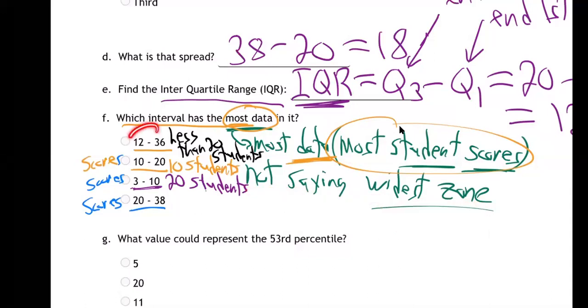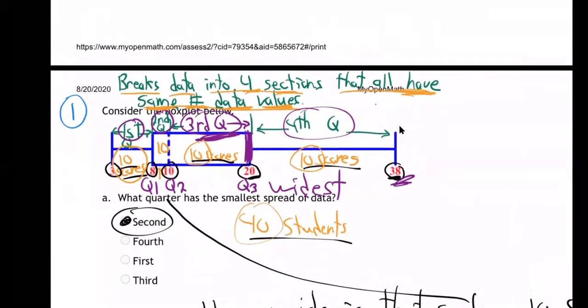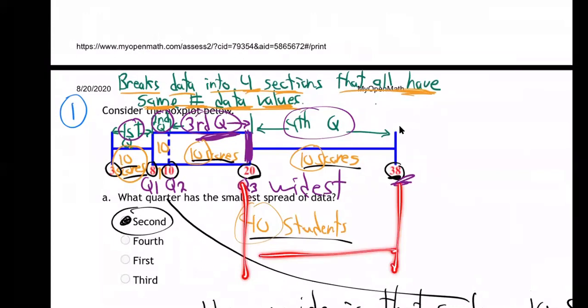So I looked from 12 to 36, 10 to 20, 3 to 10, and now I'm looking between 20 and 38, and I'm saying how many students. I'm always listing how many students are in those zones. Between 20 and 38, how many students are in that zone? 10 students, 10 scores in each quarter.